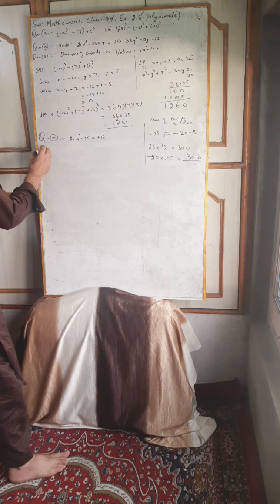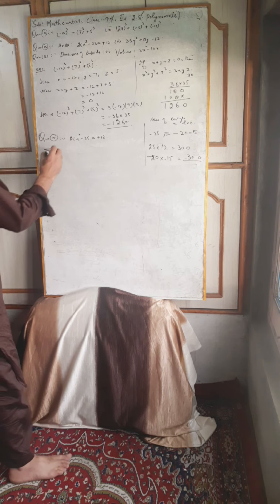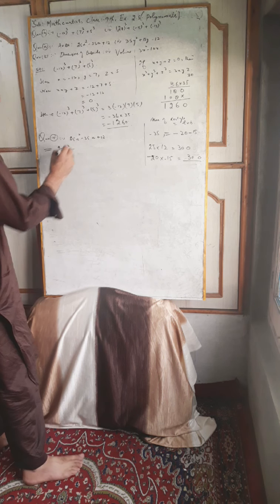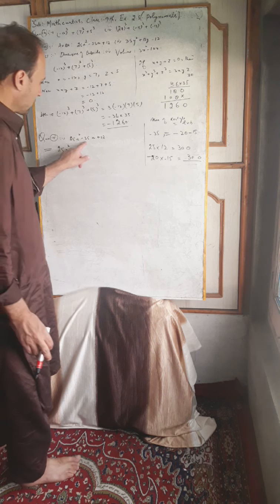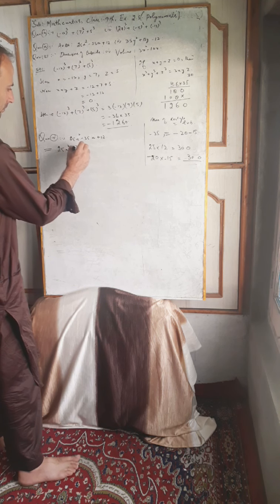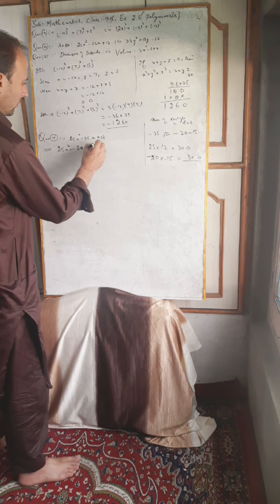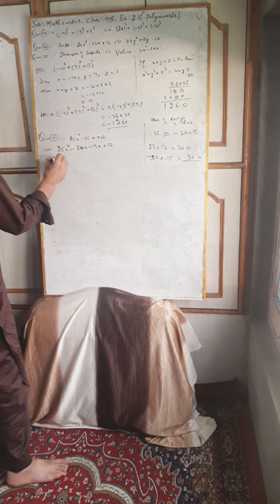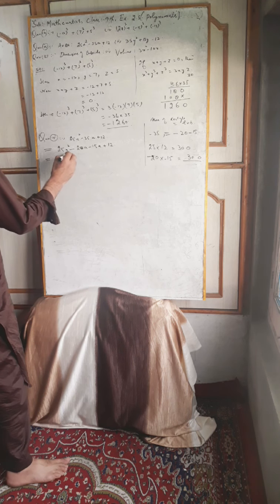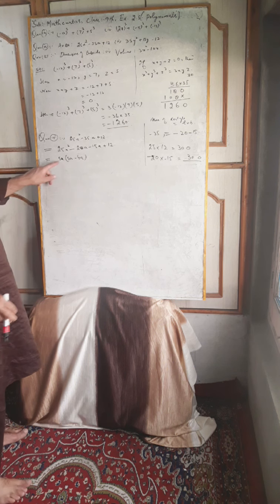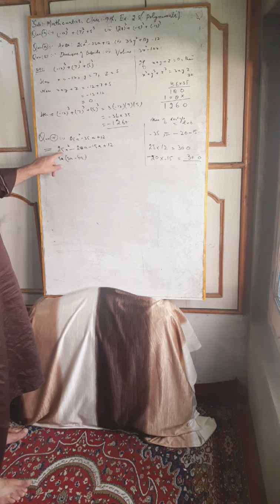So we can write this polynomial as 25a square minus 20a minus 15a plus 12.